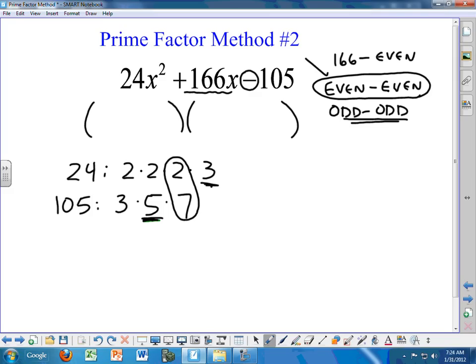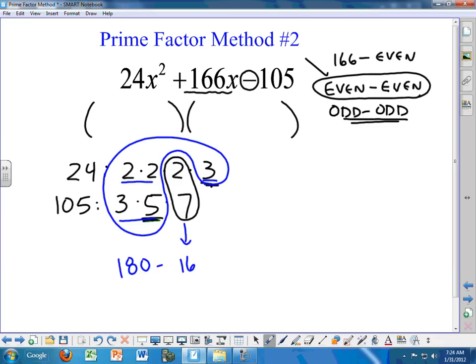So 7 times 2 is my only possibility. And then I'm going to group the rest of these here and see what happens. This becomes a 14, and then we have 15 times 12, which is 180. So 180 minus 14 gives me 166. So I'm able to get my middle term through that process.